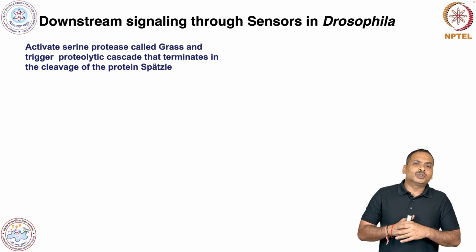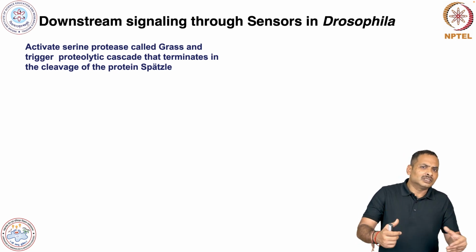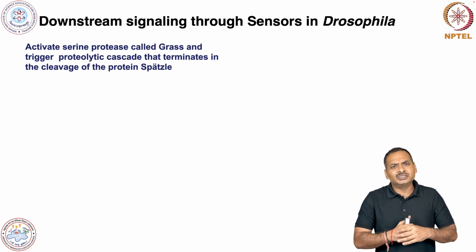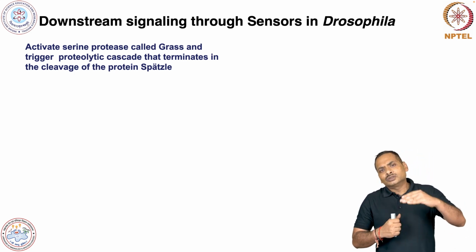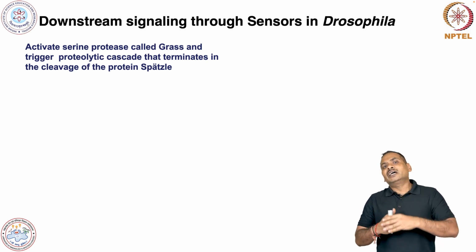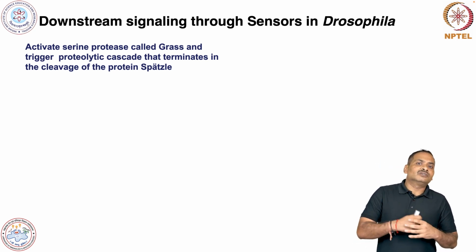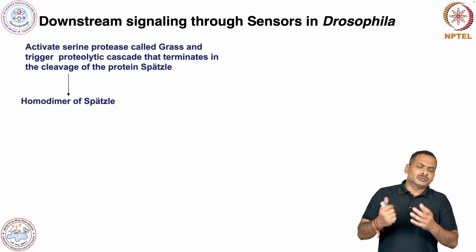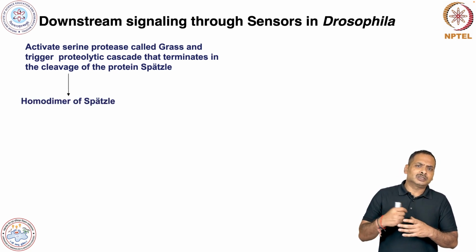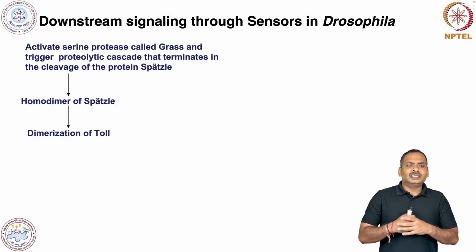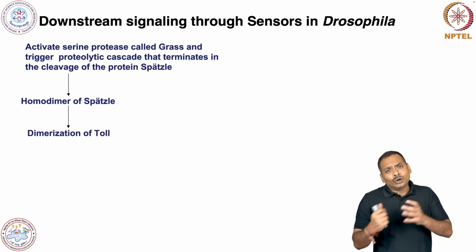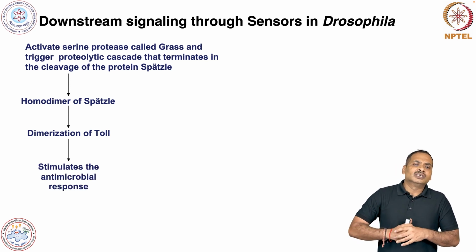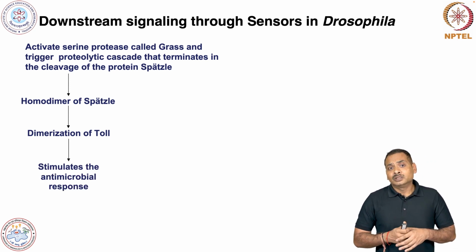This Spatzel protein is generally present in the extracellular space in an inactive form. So this gets cleaved, and then this active Spatzel makes a dimer, and this induces the dimerization of Toll protein and induces the synthesis of antimicrobial peptide.